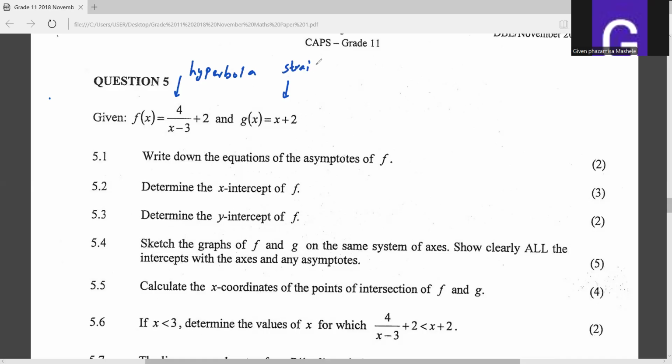We know very well that when we're given the hyperbola, number one, you need to determine the asymptotes, which is the vertical and the horizontal. Number two, you need to determine the x-intercept, where we let y to be 0. Number three, y-intercept, where we let x to be 0.